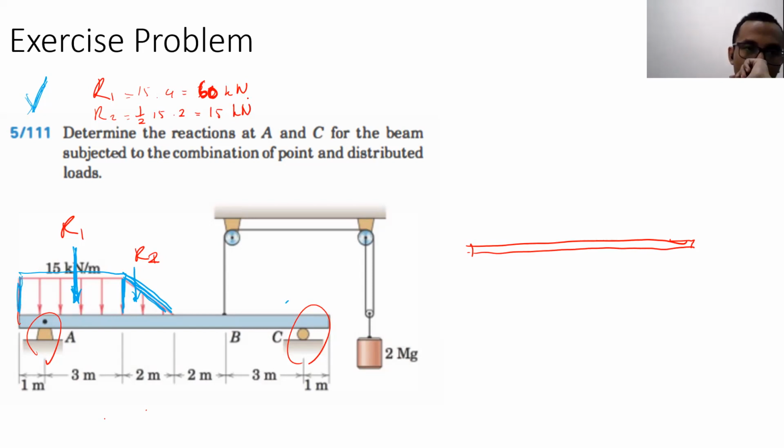Since it's a rectangle, we can use the midpoint of the rectangle, so it's 2 meters. If our origin is from the left, X1 bar is supposed to be 2 meters. How about X2 bar? It's a triangle, so we can use 2/3 multiplied by the length.